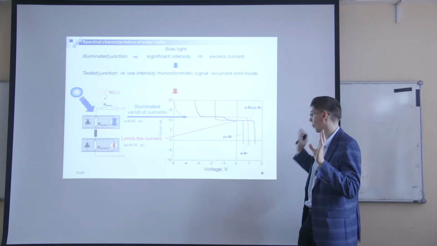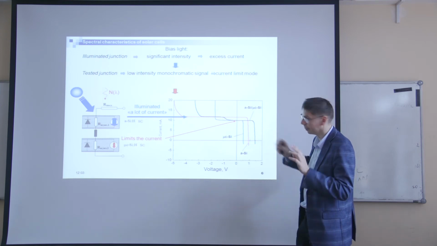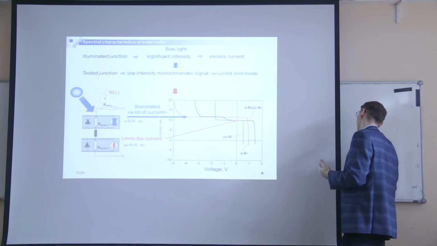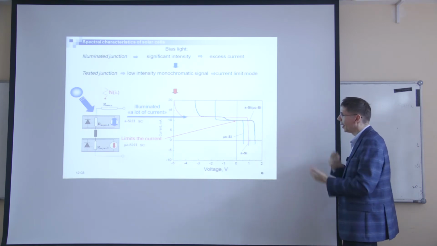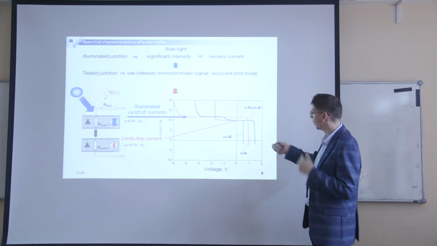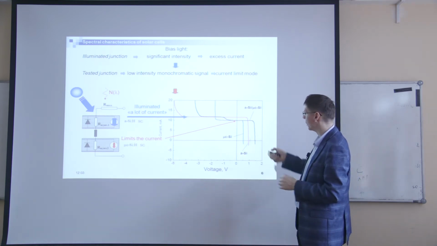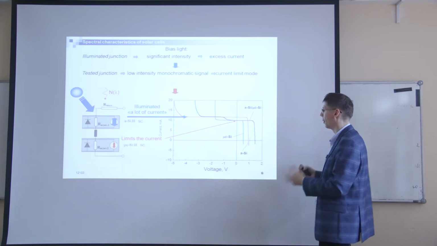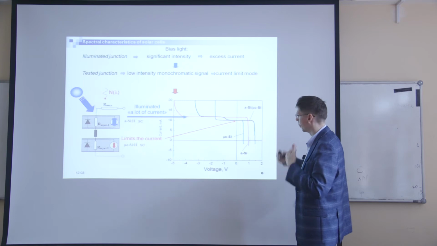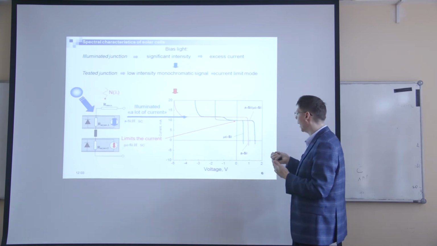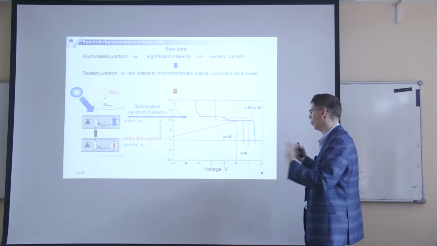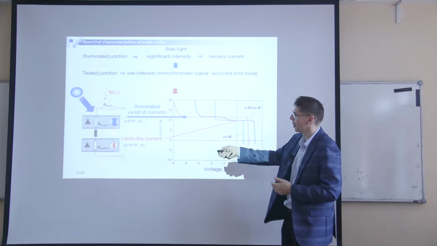You have to understand that if we want to analyze the IV curve of a multi-junction solar cell, we can try to analyze the separate IV curve of each junction, but it's somewhat abstract because it's not a real IV curve. It's the IV curve of this junction as it would be in the case of a separate junction.